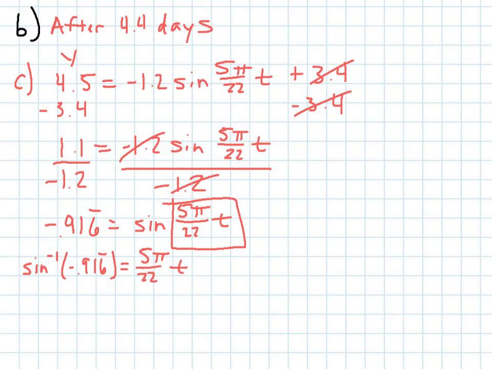So doing the inverse sine of this gets me, now make sure that your calculator is in radians, because our time is not going to be in degrees, so we want a radian measurement to help us describe our values better, because degrees wouldn't really match up with our time, which is 2.2, 4.4, those kinds of values. So we need to use our radian measurements. So I get a value of negative 1.1596.